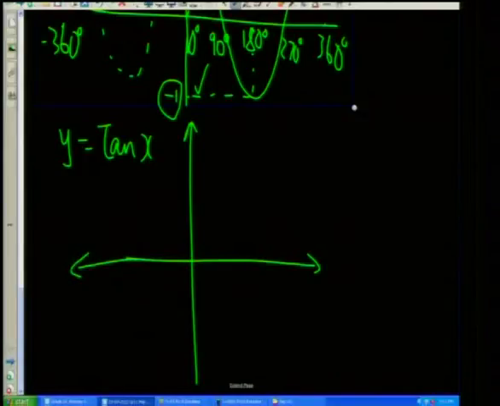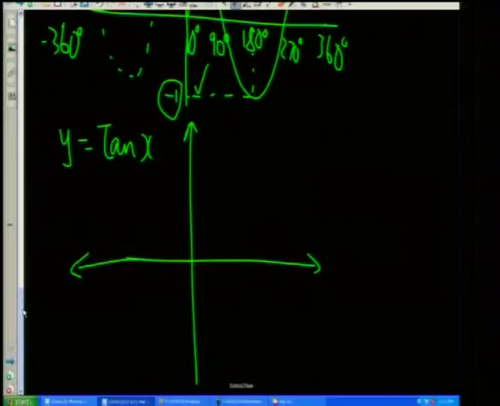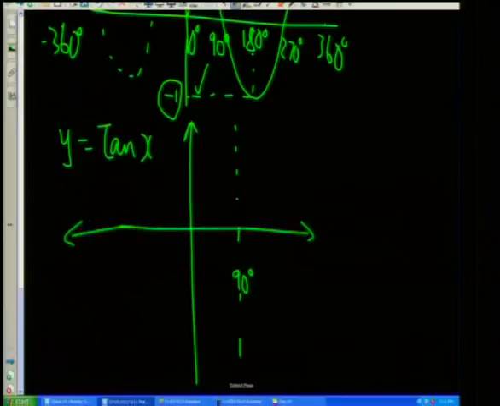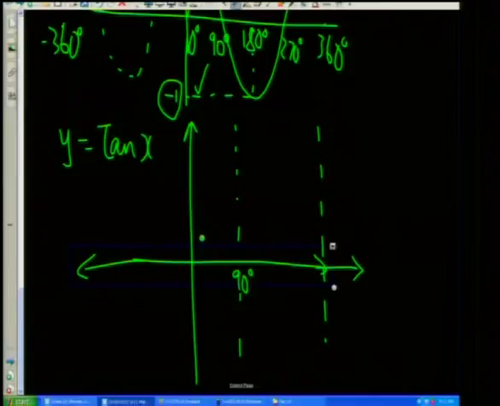There's a slight difference here: it's got what you call asymptotes. So you will have them at 90 degrees and every other odd multiple of 90 degrees. Another odd multiple of 90, that is 3 times, is 270 degrees.